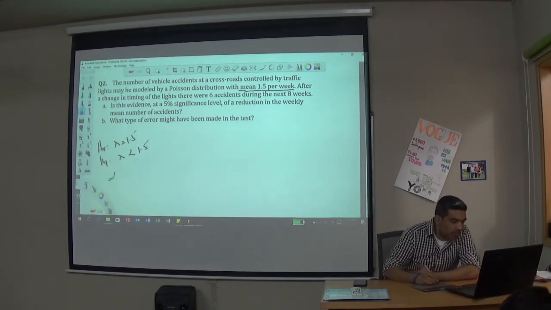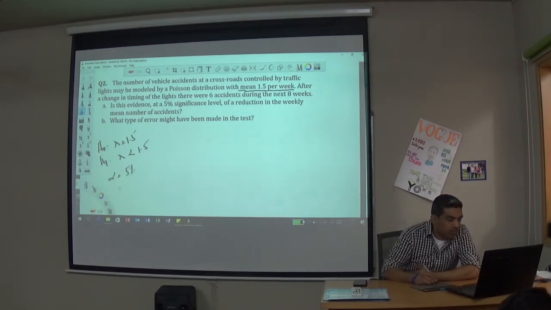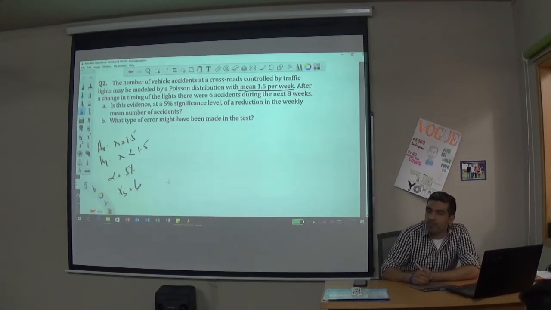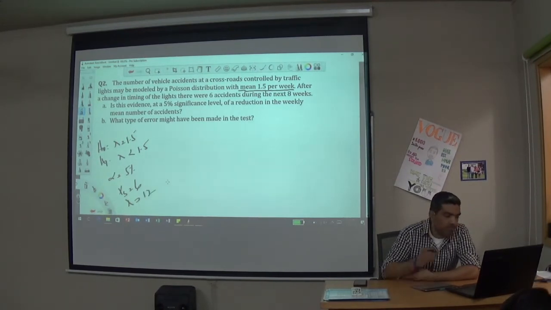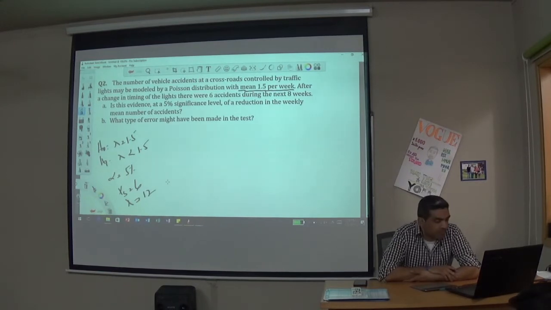So alpha is 5%. Your X statistic, by the way, is 6, with a new lambda value that you will be using for 8 weeks. 1.5 times 8? 12. So with the lambda value 12.